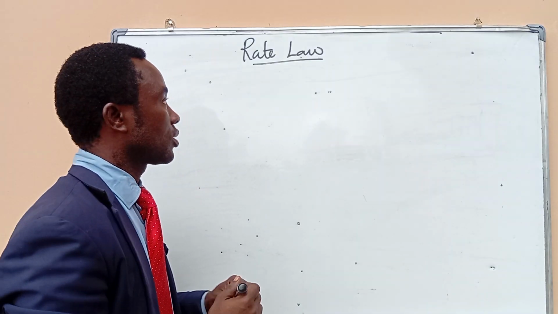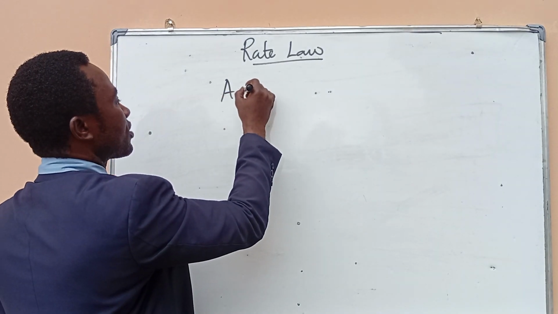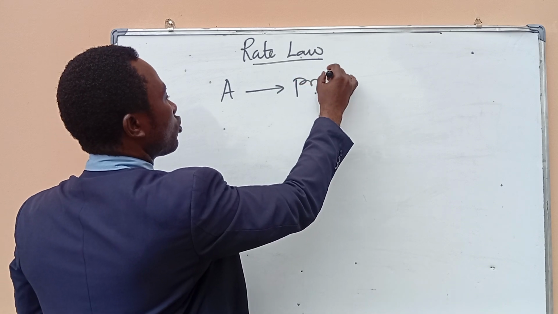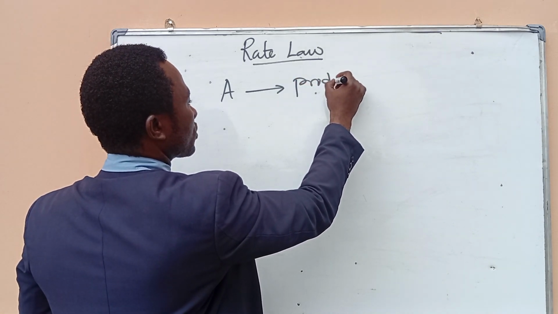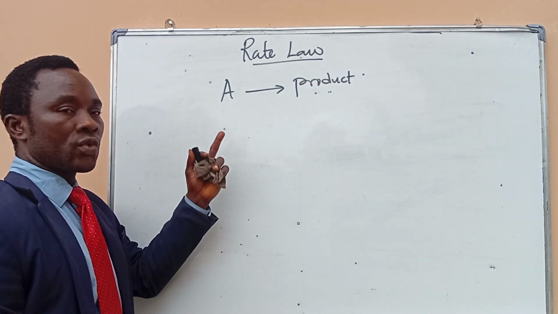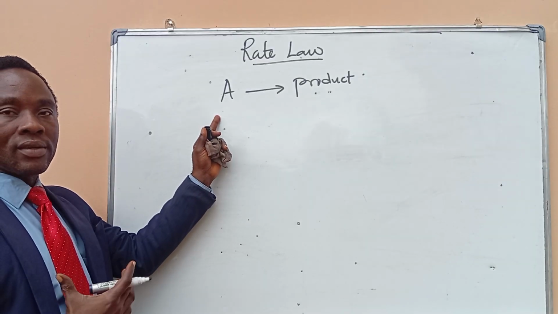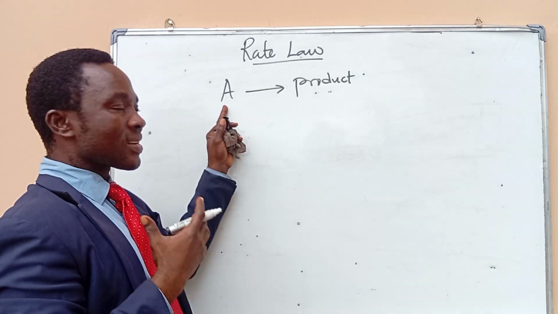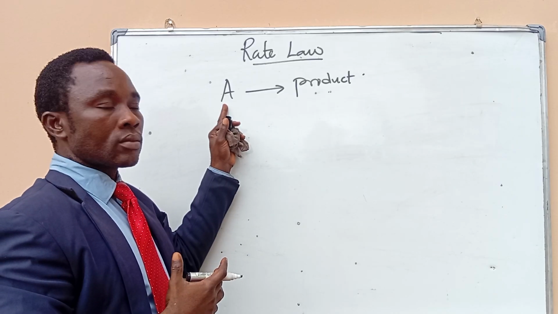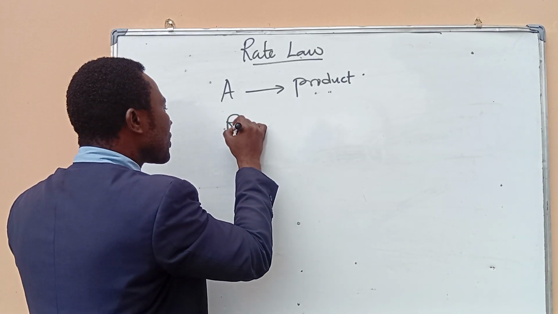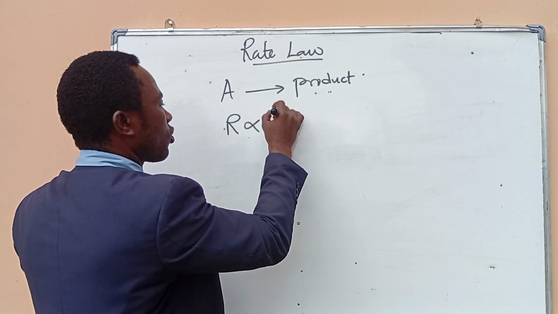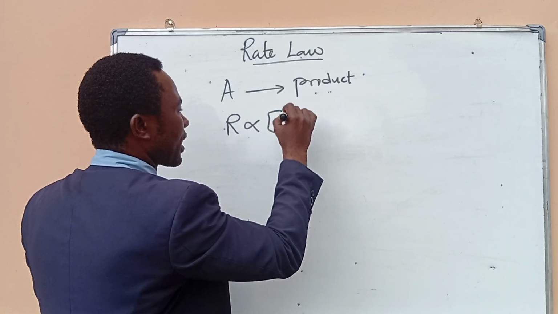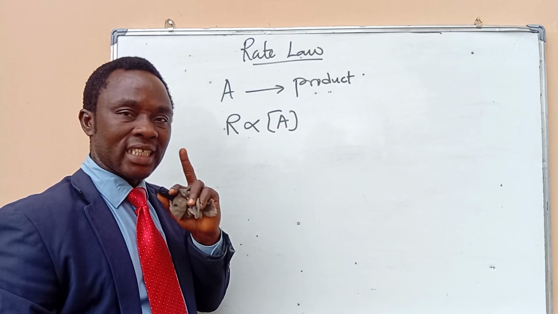That is to say that if we have a reactant that is going to give us products, we can use this reactant to write the rate, because in rate law, the rate depends on the concentration of reactants. That means the rate of this reaction will be proportional to the concentration of the reactant raised to some certain power.